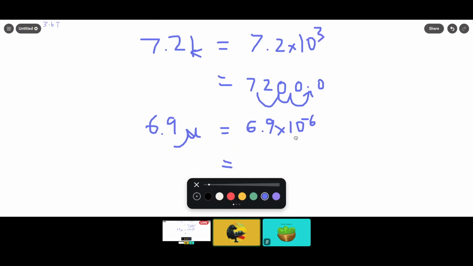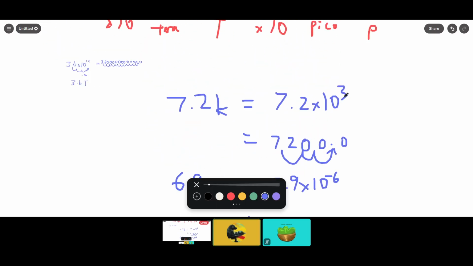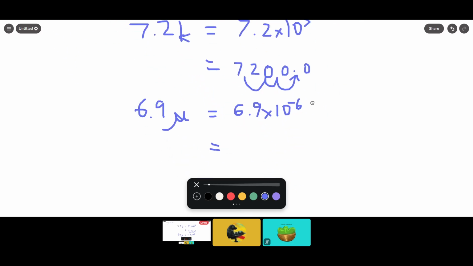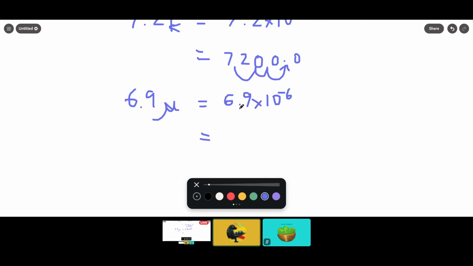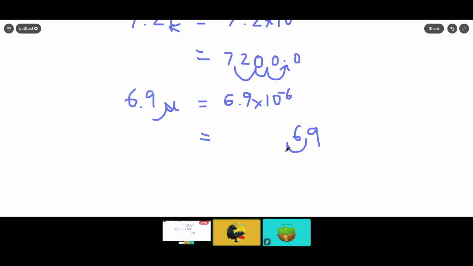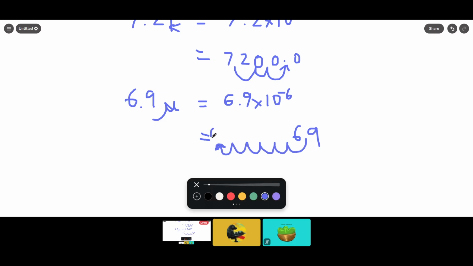So far we've been dealing with positive powers. For negative powers, you move the decimal point to the left. So we need to do that 6 times: 1, 2, 3, 4, 5, 6. So in this case, the number is like this.